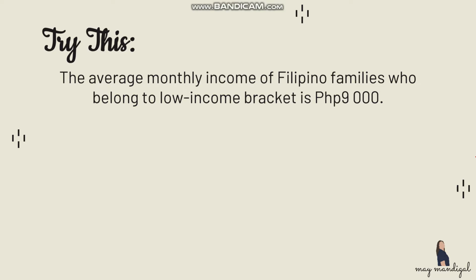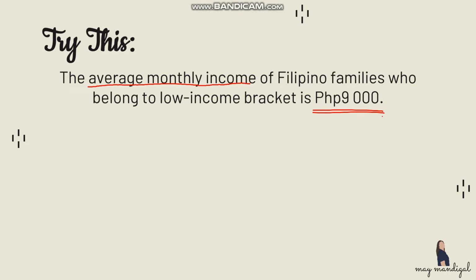So here, as you can see, we want to compare the average monthly income of the Filipino families to a specific value, which is the 9,000 pesos. So the average monthly income will be the population parameter, the one that we want to identify from our population, and we want to check if it is really 9,000 pesos. So 9,000 pesos is our hypothesized value.